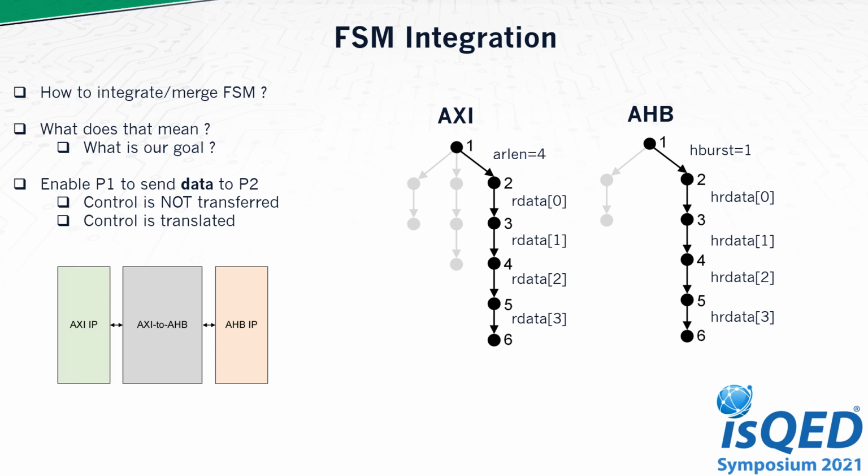The naming convention is just different. However, the control signal ARLN is not important to transfer to AHB. It just indicates AXI is sending 4 transactions, unless the translator's job is to tell the AHB IP that 4 transactions are coming. Thus, the translator will see ARLN equals 4 and should set hburst to 1 for AHB.